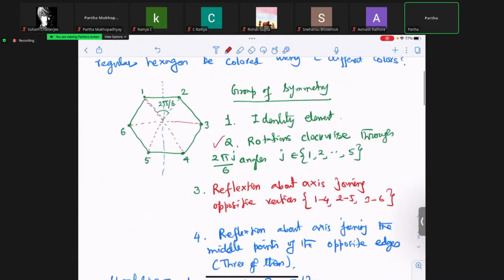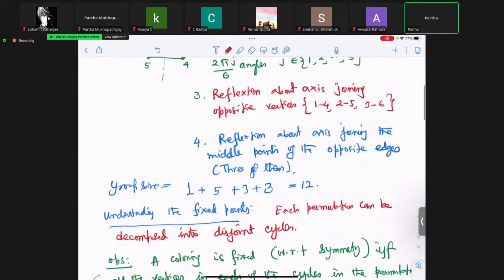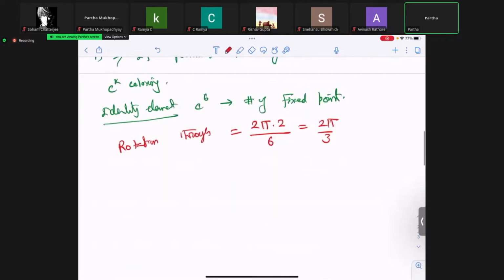It will be rotated clockwise like this. So if I rotate, what will be the picture? It should be regularly drawn, though I'm not able to draw it exactly regularly.